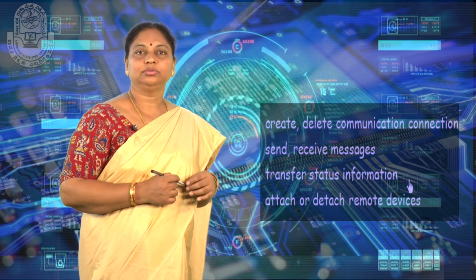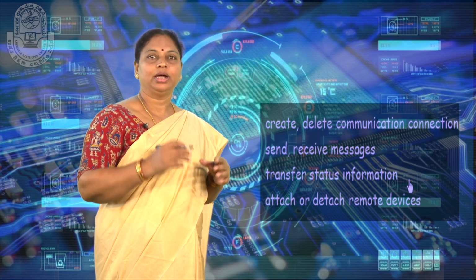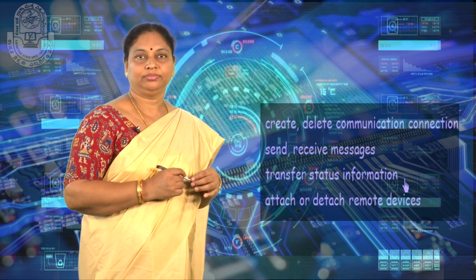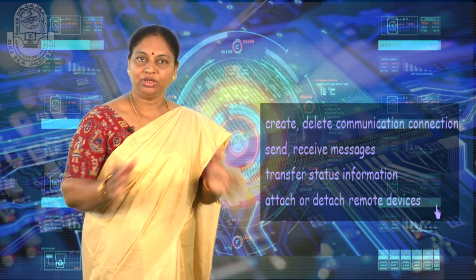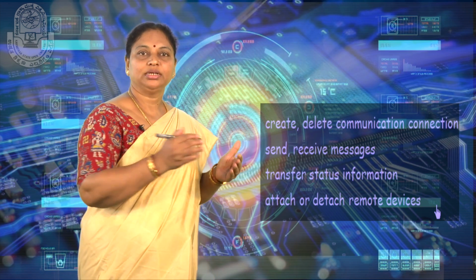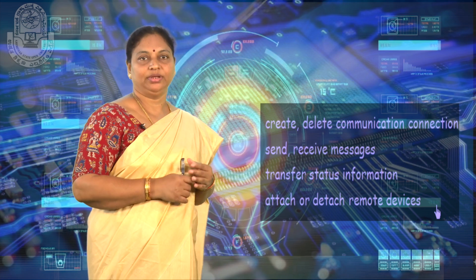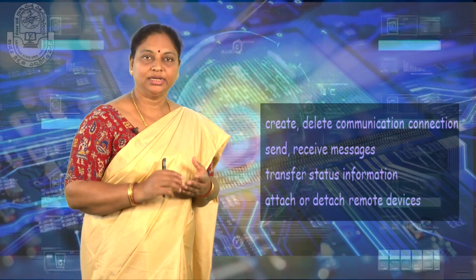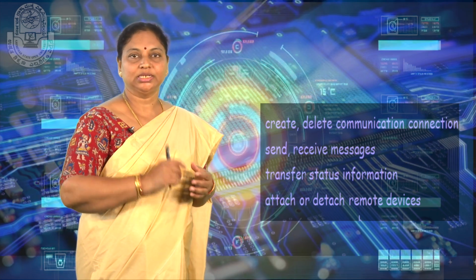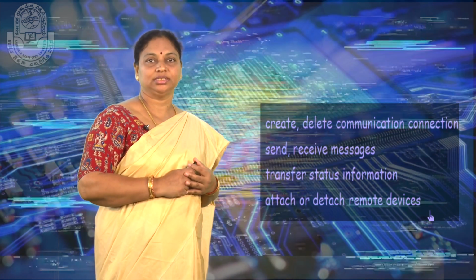The second user will receive the message again through system calls. Transfer of status information is also possible using these system calls. Once the communication is over, we can detach the device. So attaching of the device and detaching of the device are done through communication system calls.